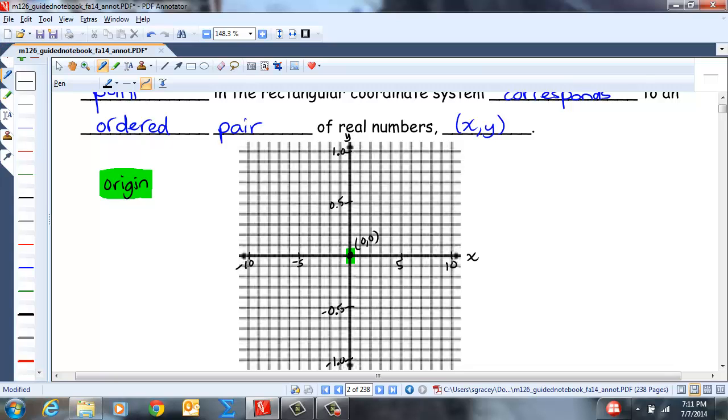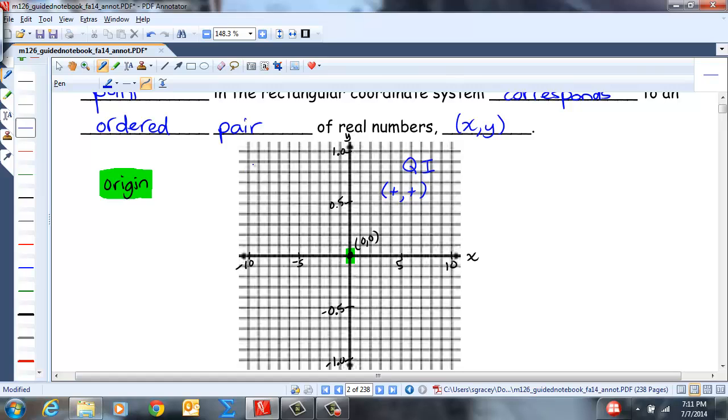Now, if we think about the quadrants, this is how the quadrants are labeled. This first quadrant, where the X and the Y value are both going to be what? You'd be moving to the right of 0 and up, so they would both be positive. So you'll have a positive X value and a positive Y value as coordinates in the ordered pair for all the infinitely many points in that quadrant.